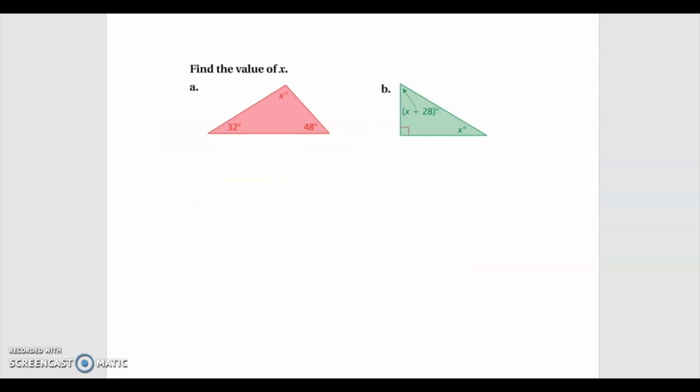So when we're looking at a triangle with an unknown value, we can find the missing angle by adding up the angles that we know. So we've got 32 degrees plus 48 degrees, plus our unknown angle. But we know the three of those together equal 180.